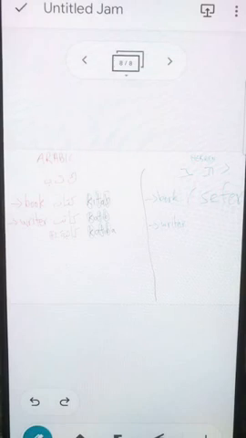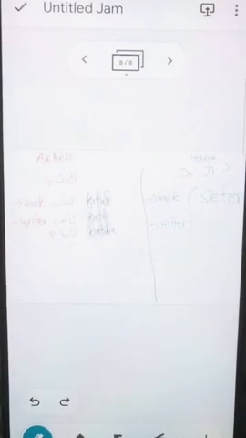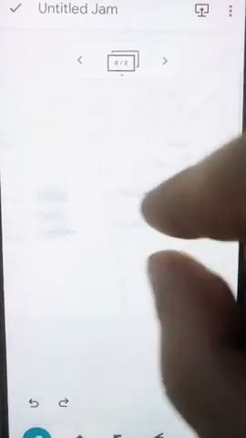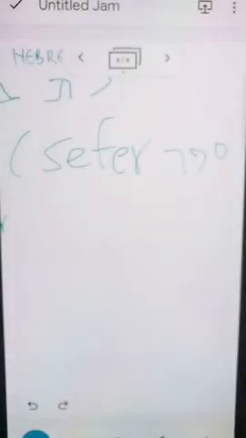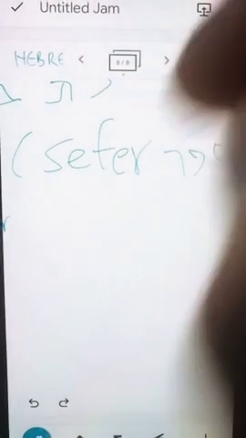And for the feminine, the tav becomes s. So basically, let me check. So it becomes sofer. Oh, I understand. Okay. Interesting. And now for the feminine, we added this at the end. So how does it become?